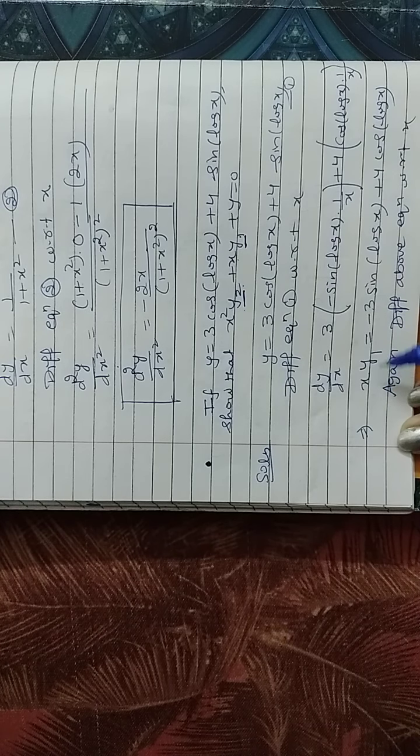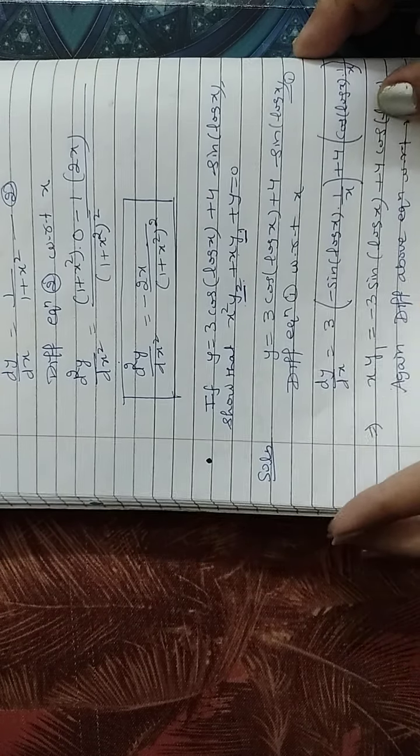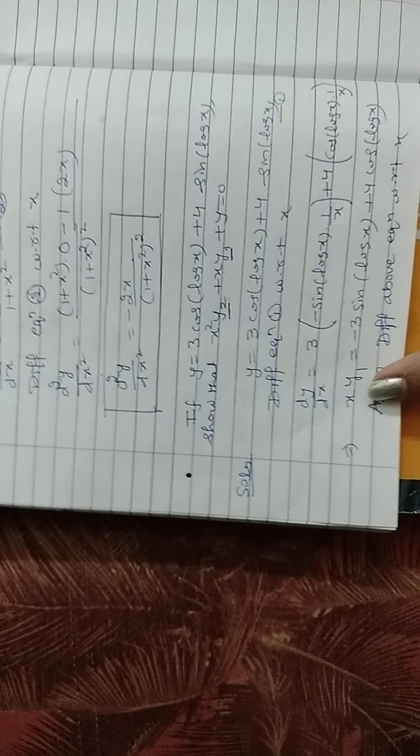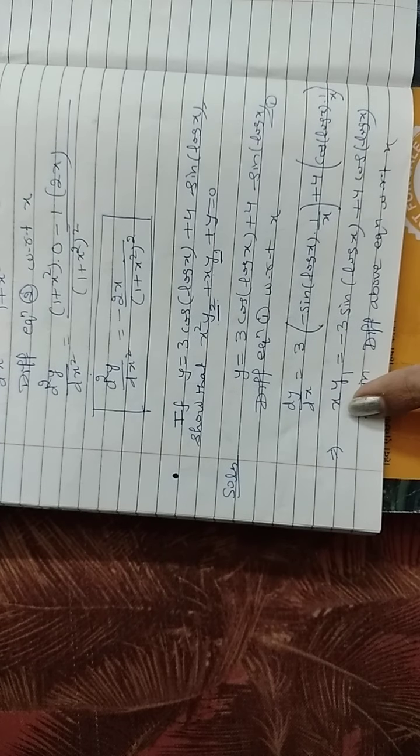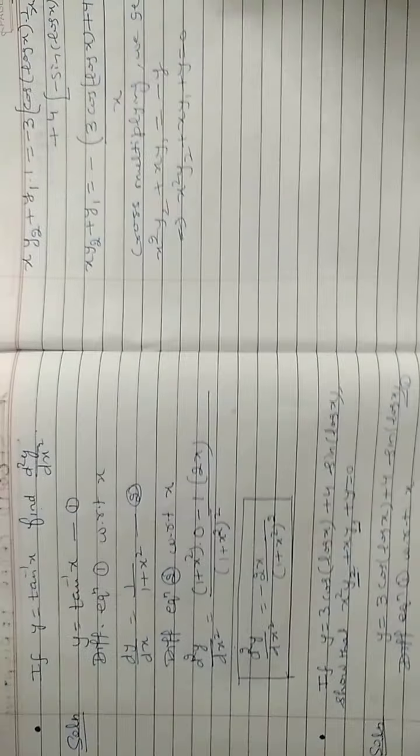When you differentiate this equation with respect to x, on left hand side you will use product rule, by which x as it is, derivative of y1 is y2, plus y1 as it is, derivative of x is 1.